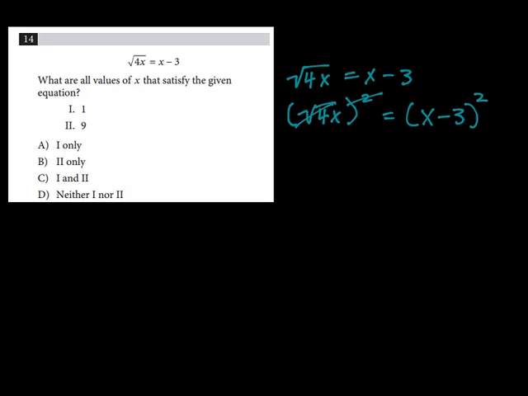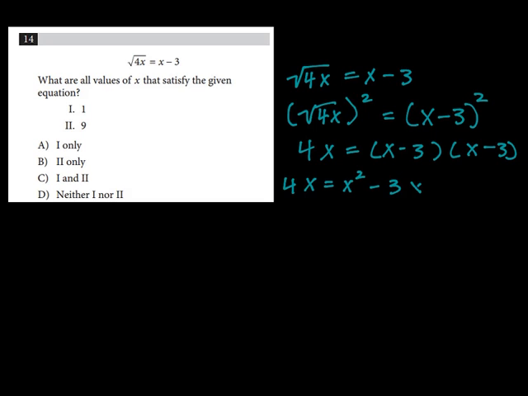So this would simply be, because we can cancel out the square root and square, 4x equals x minus 3 times x minus 3. And we can just multiply x minus 3 times x minus 3, and that would be 4x equals x squared minus 3x minus 3x plus 9.